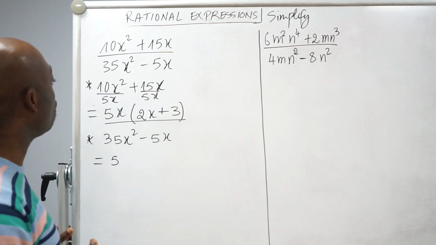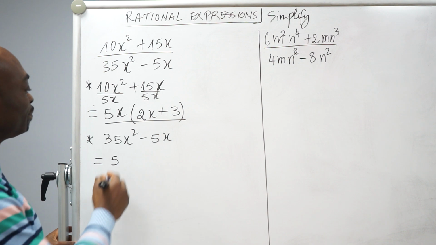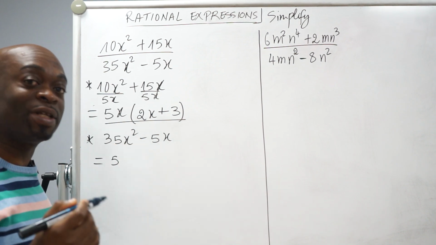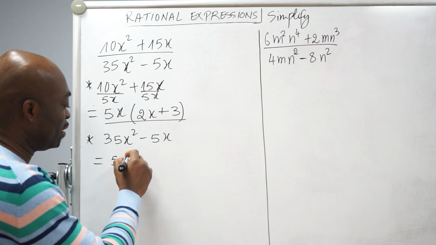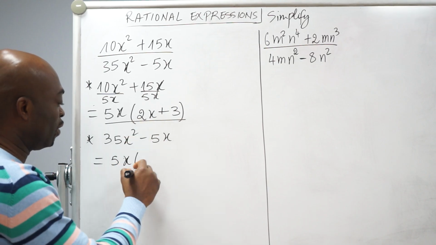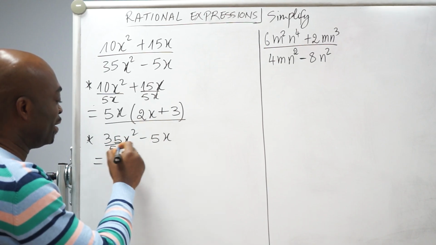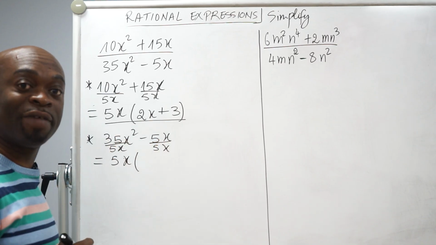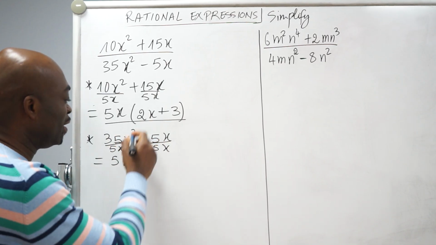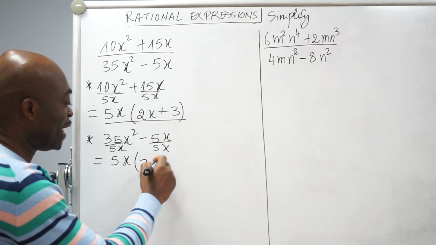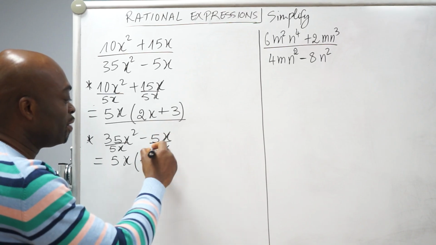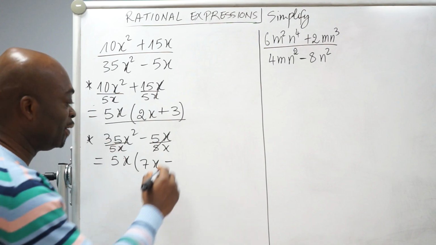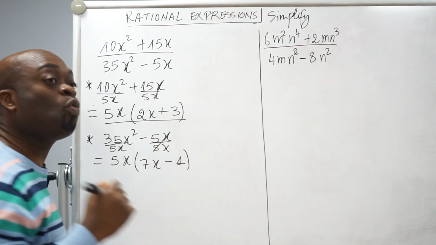For x squared and x, it's going to be x, like this one here. So then we can divide by 5x. 35 divided by 5 is going to give us 7. And x squared divided by x is x. Minus, this one is out here. So 5x divided by 5x is 1, because it goes one time.